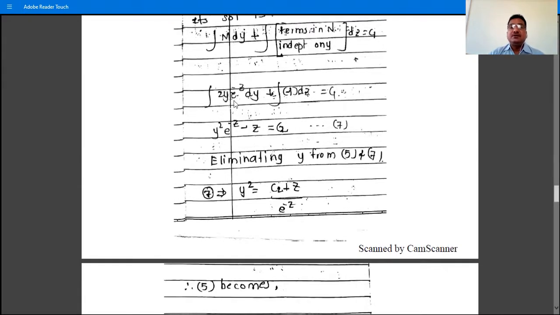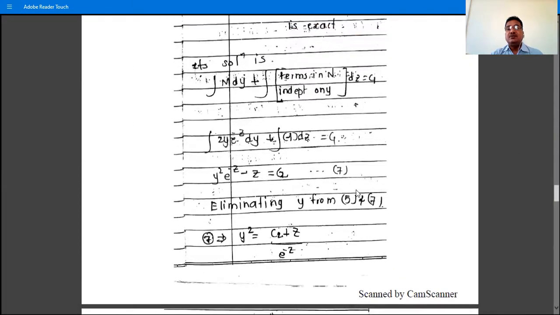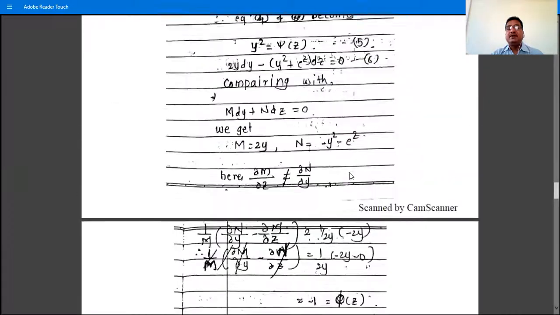The integration of e raised to minus z is now constant, and the integration of 2y is y square. E raised to minus z y square minus z is equal to c2.